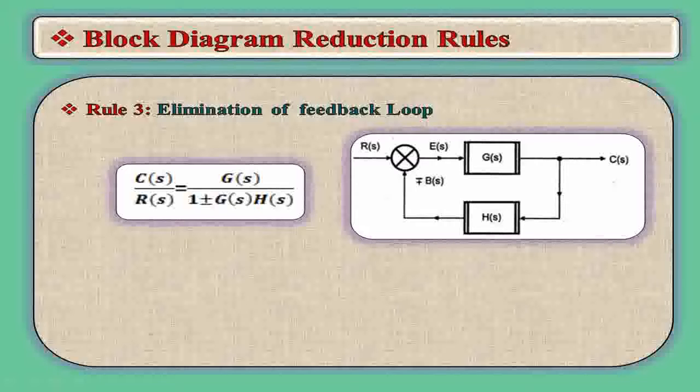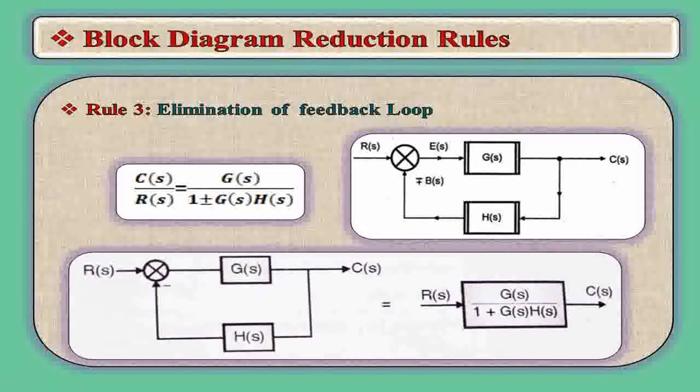So to remove the feedback loop, the feedback gain must be used. Always remember, for applying this method, the direction of flow of signal should be in opposite direction. Otherwise, if they are in the same direction, then we need to apply the parallel reduction technique as per rule number 2.